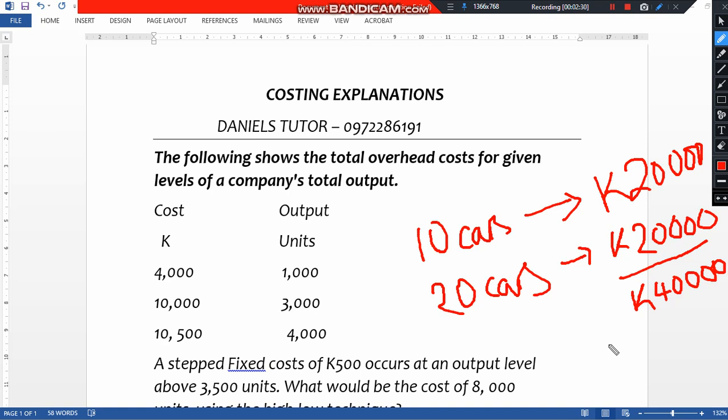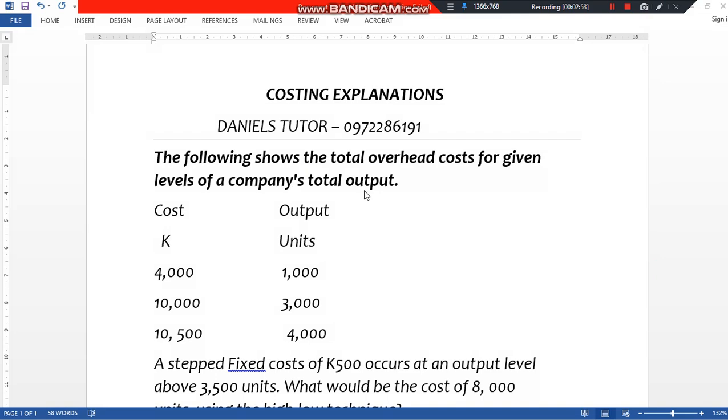So when fixed costs increase based on that logic, we call it the stepped fixed costs. A stepped fixed cost simply means fixed cost has increased because output has exceeded what your current fixed cost can absorb.